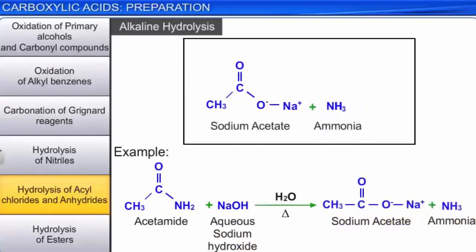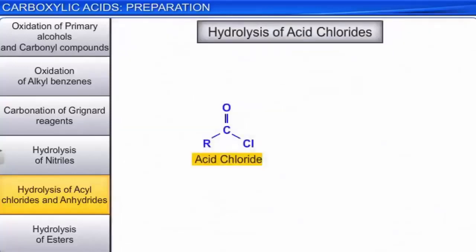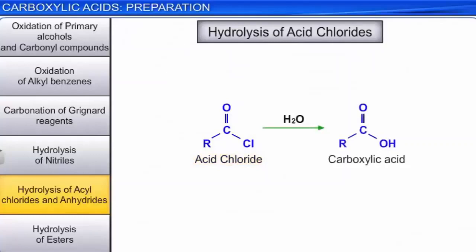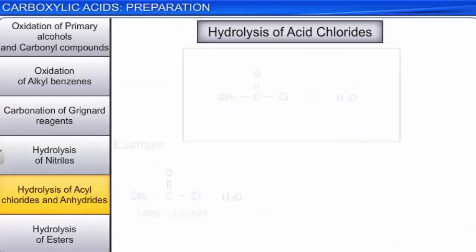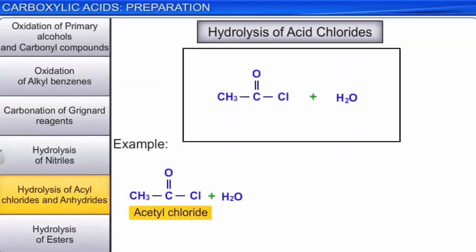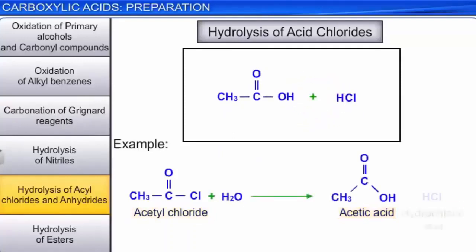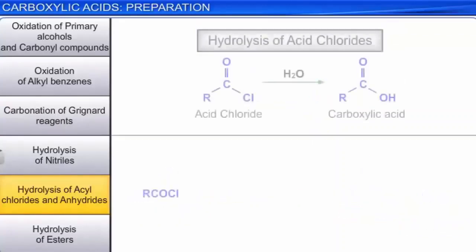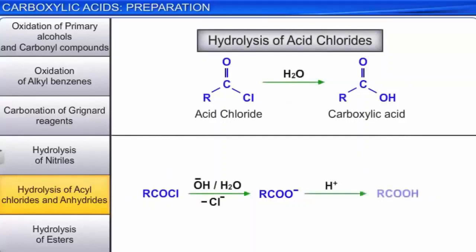Acid chlorides, on hydrolysis, give carboxylic acids. For example, acetyl chloride, on hydrolysis in presence of water, gives acetic acid and hydrochloric acid. The hydrolysis of acid chlorides occurs readily in presence of an alkali.